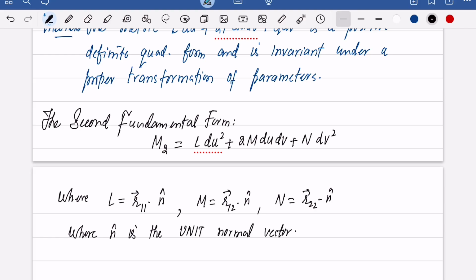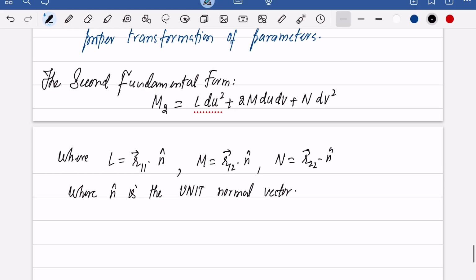Again these numbers L, M and N are scalars because they are defined as a dot product of two vectors. R11, as we already know, is the second derivative of r with respect to u, R12 is the second derivative of r with respect to u, v, and R22 is the second derivative of r with respect to v.